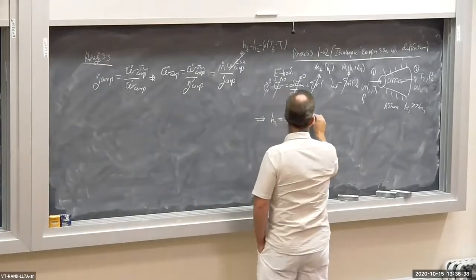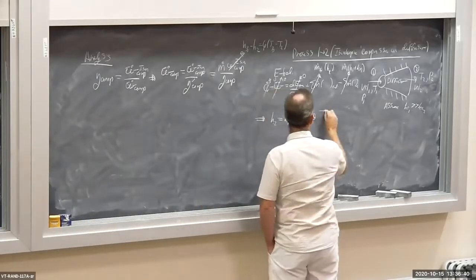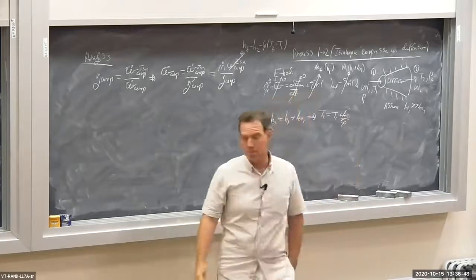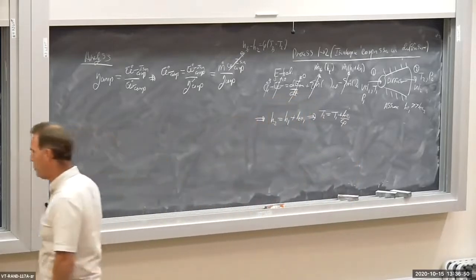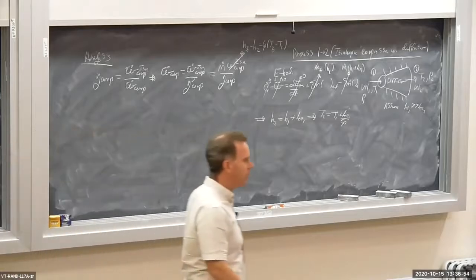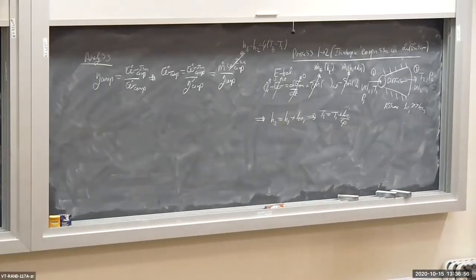So this implies T2 is equal to T1 plus the specific kinetic energy at the inlet divided by Cp, using a property relationship: delta H is equal to Cp delta T for constant specific heats. So I immediately have an expression for T2.